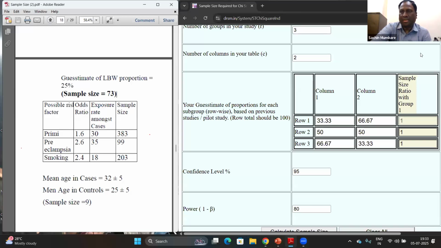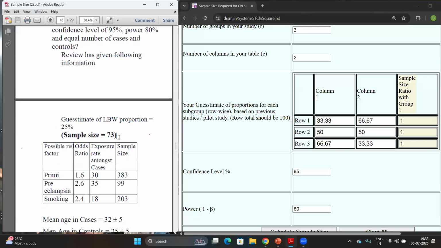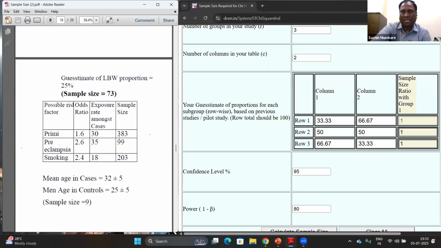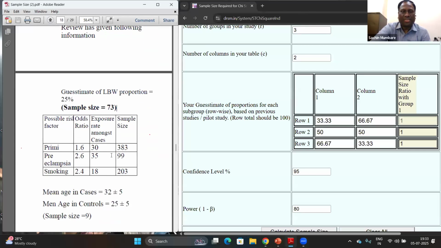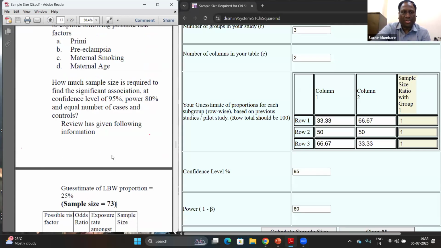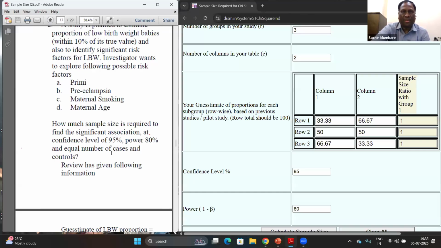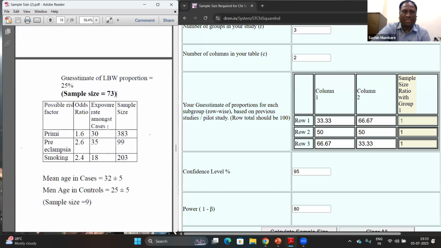Okay. It's quite simple. First is estimation of proportion within 10% of its true value. So the sample size required is 73.